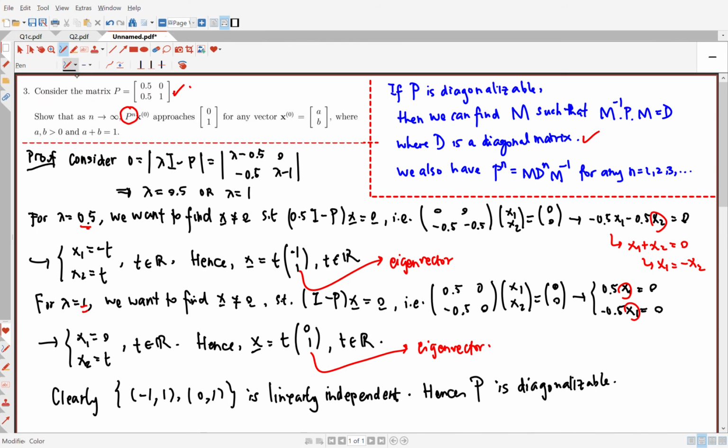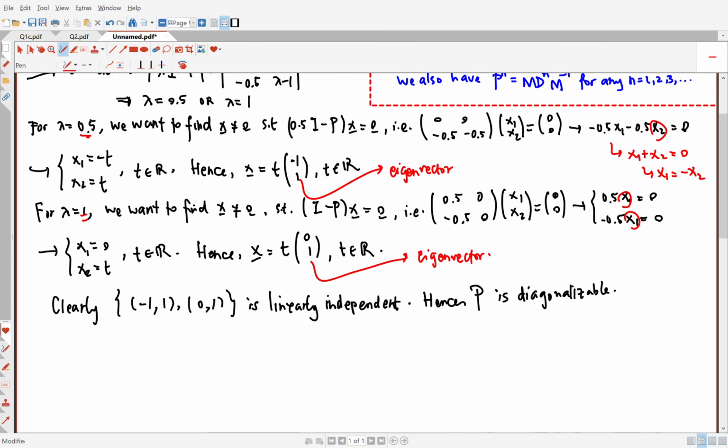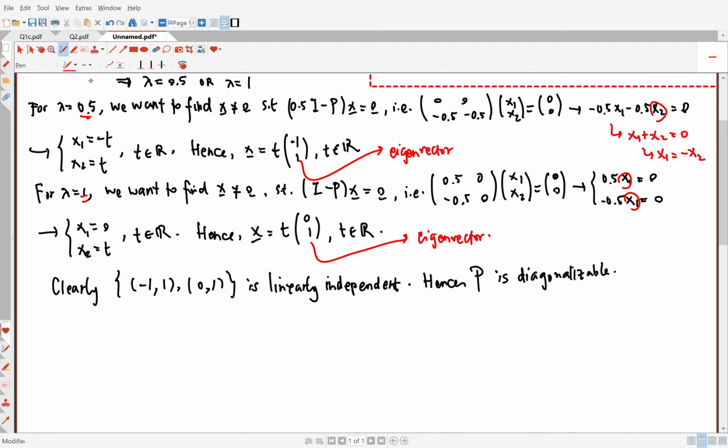So this P is actually diagonalizable, so we can find M that satisfies this. Hence let M be the matrix with columns (minus 1, 1) and (0, 1).